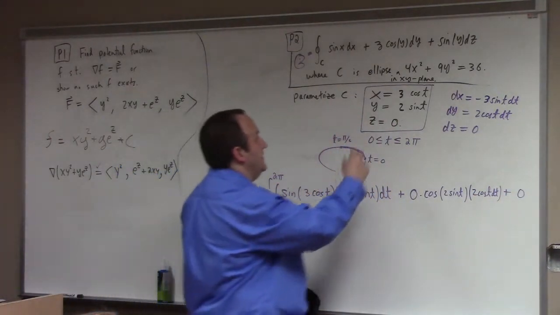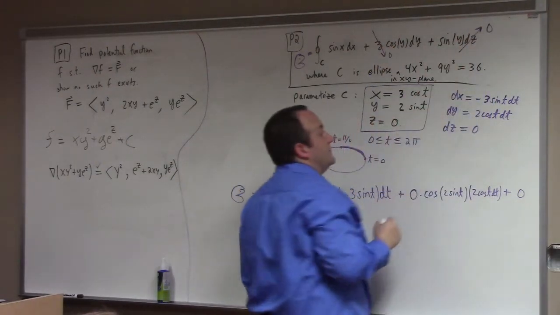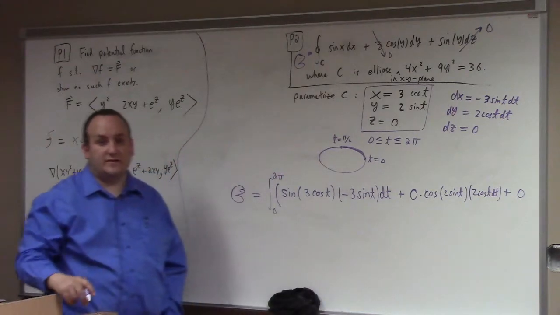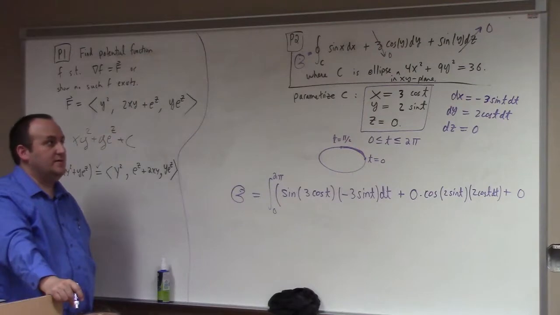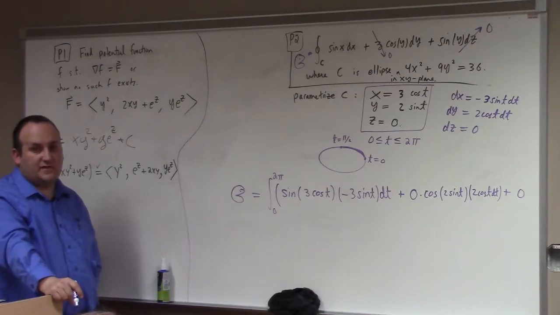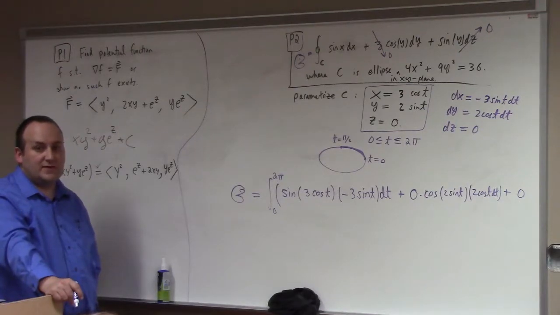So look at this. This is 0. That is 0. So you can neglect the last 2 terms in the line integral. As soon as you look at this problem, you should have in mind, well, this isn't that bad. I really just have to calculate the first term. The other 2 are clearly 0 just from looking at the problem.